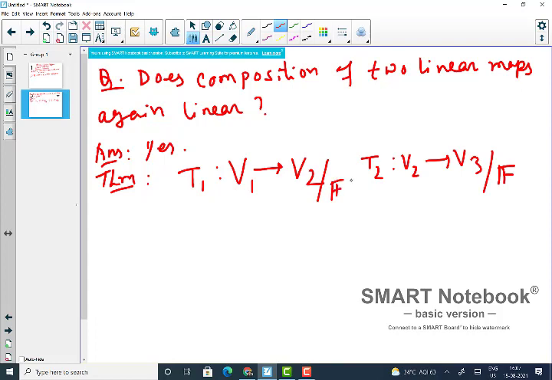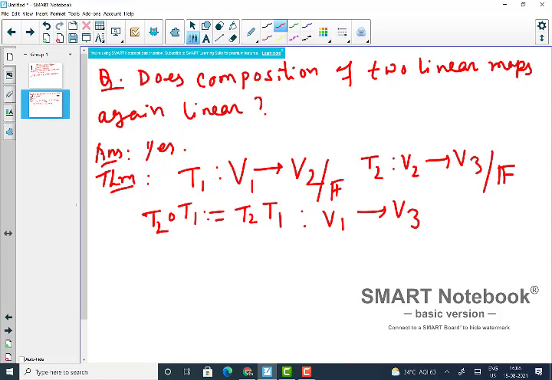In this case one can ask about T2 composed with T1. Maybe we will just write this as T2 T1, without forgetting the composition. So this will be a map from V1 to V3, right? You can ask naturally whether this composition is also a linear map over the same field. The answer is yes.